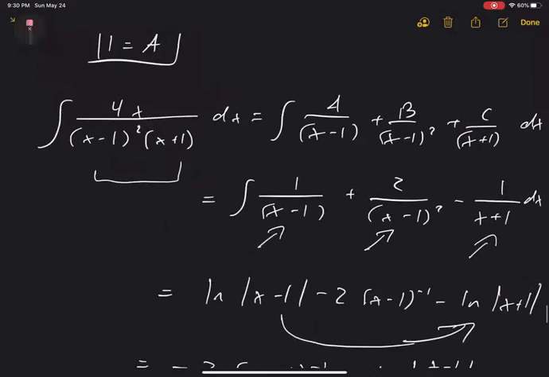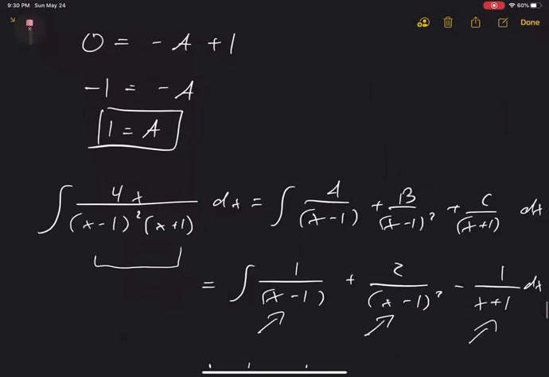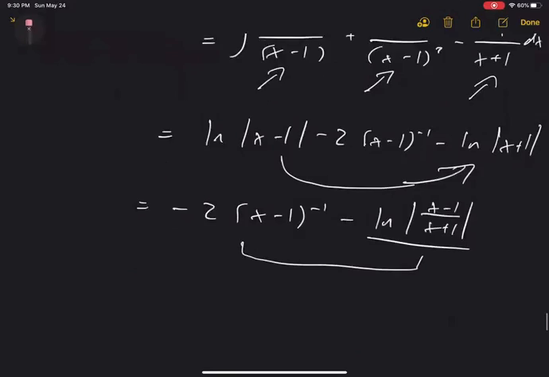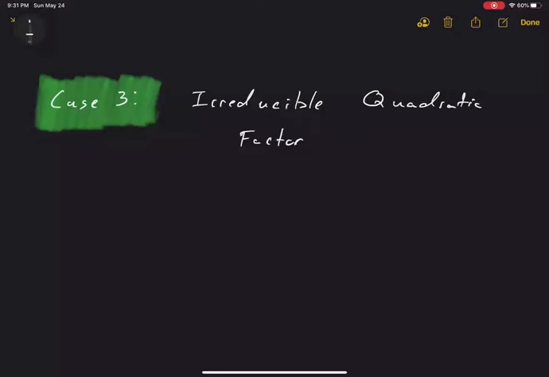All right, so that covers case 2. That's when we have repeated roots, so when we have a power here, repeated terms, that's case 2. All right, now on to case 3. Case 3 is when we factor our denominator and we get a quadratic term that we can't break down anymore.